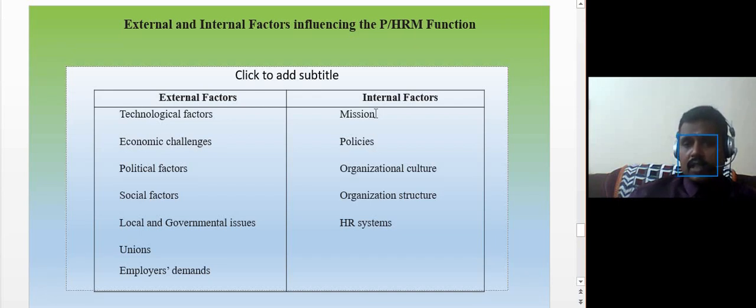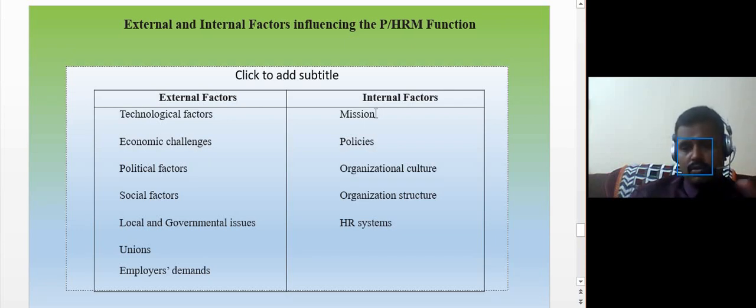Based on that culture we can see whether our industry is local, domestic, a foreign MNC or Indian MNC, national, district, multinational, international or global, whatever it is, we have to identify that.